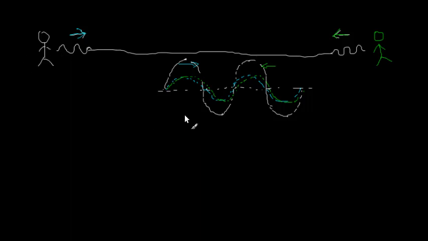Now, to make things easier to see, I'm going to draw some vertical lines just to mark the positions. So that's one line going through this point where it crosses the rest position. Now I'm going to need some way to follow each wave so that I know where they are.